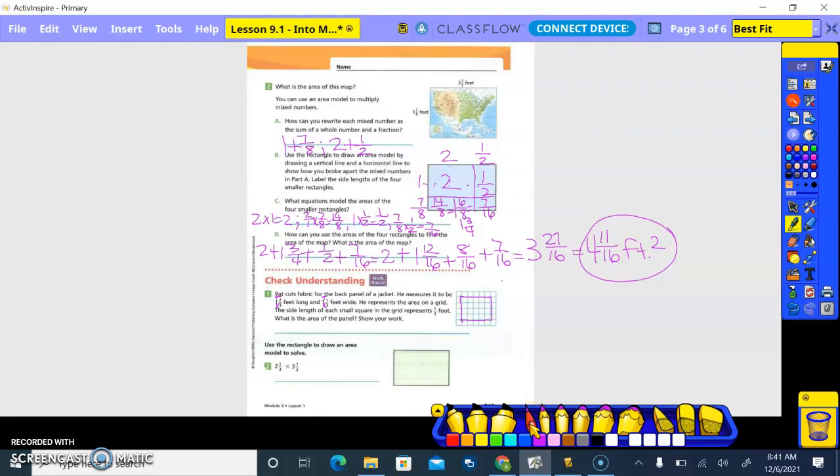Okay, so this one was 1 2/3. So there were 5 boxes there. This one was 1 1/3. So there's 4 boxes here. Okay, so what is the area of the panel? So 4 times 5 is what? 20, but then each one is 1/3 by 1/3. So it'd be 20 what?